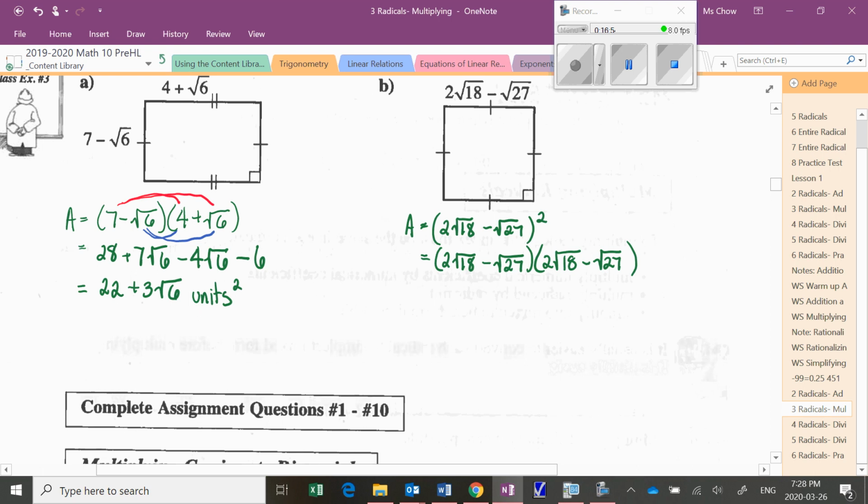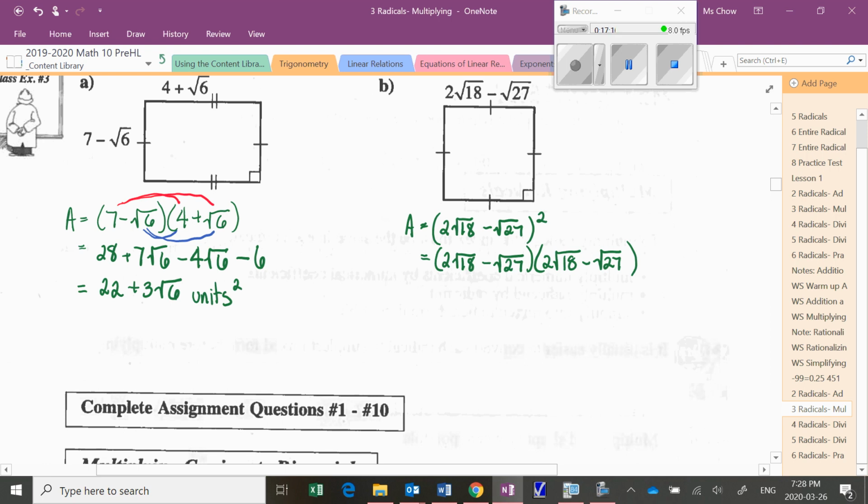So with this, again, there's a couple things that we can be doing. We can simplify root 18 and root 27, especially when we get into that outside and inside being multiplied together. I have no idea what 18 times 27 is.